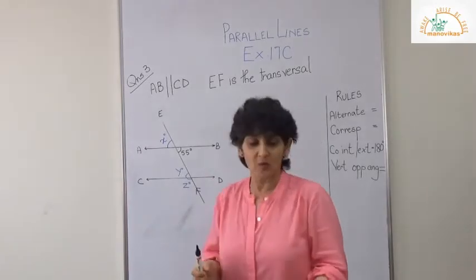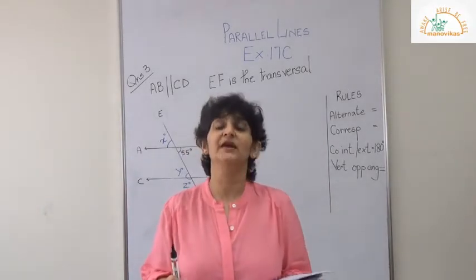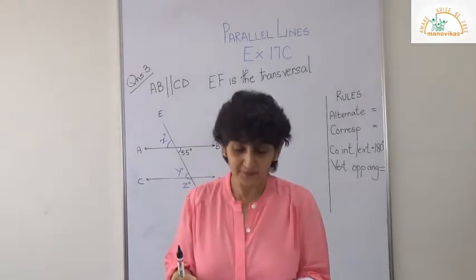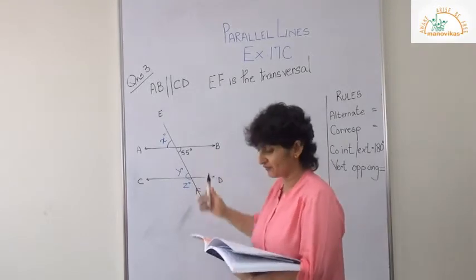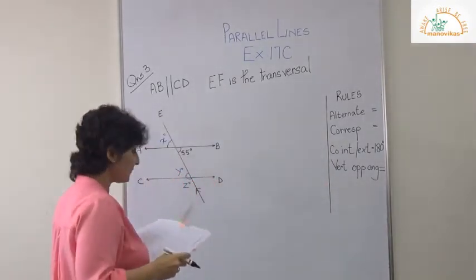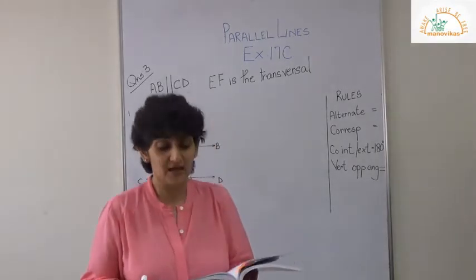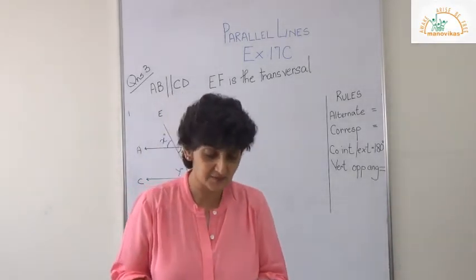Now let's do question 3. Children, keep your textbooks with you and let's read question 3 together. In each of the following figures, now I have done one figure. This is question 3. First one, they are saying AB is parallel to CD and EF is a transversal.